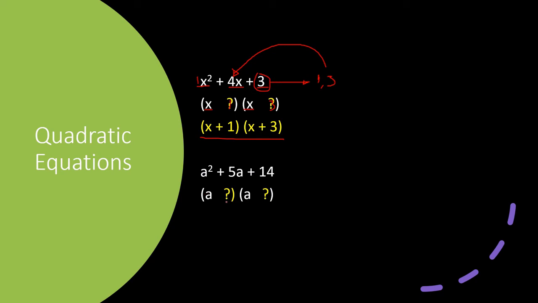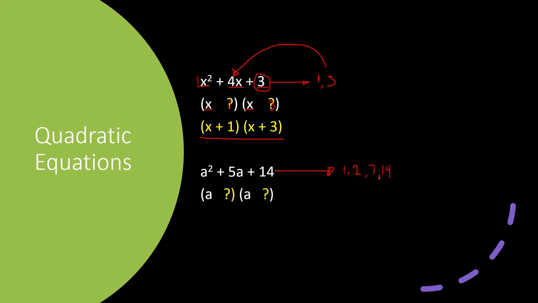Now our next job is to find the numbers that will go here and here. I need to find the factors of 14. The 14 has more than two factors. Notice that we have the 1, the 2, the 7, and the 14.